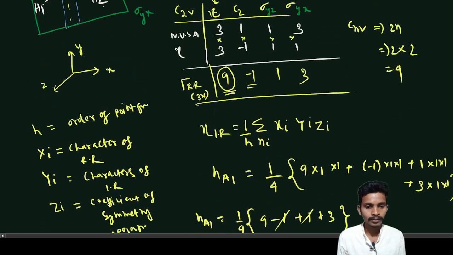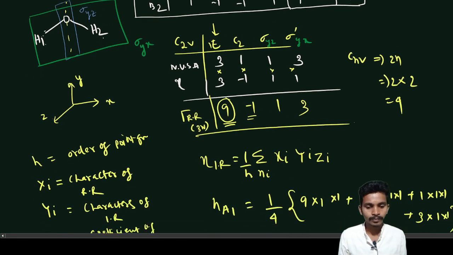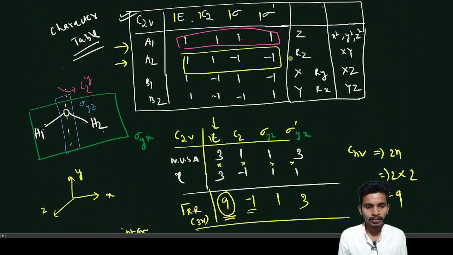Similarly, we can calculate for nA2. Now we will look at these characters; previously we were looking at the other characters. So first, these are 1, 1, minus 1, minus 1.